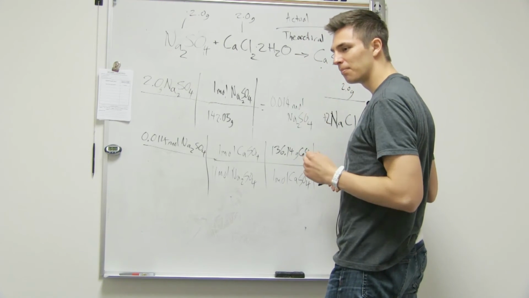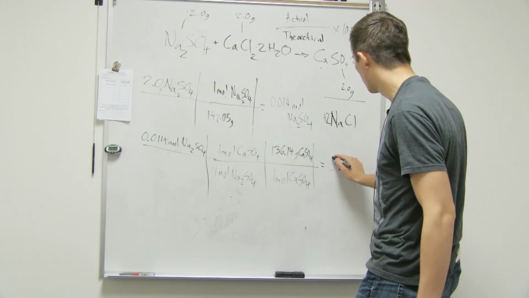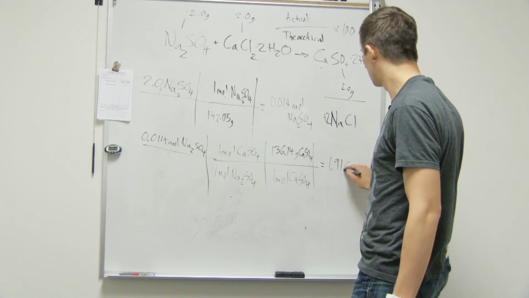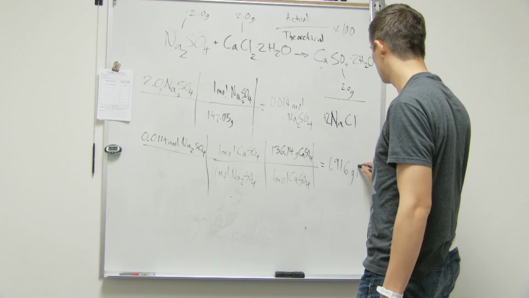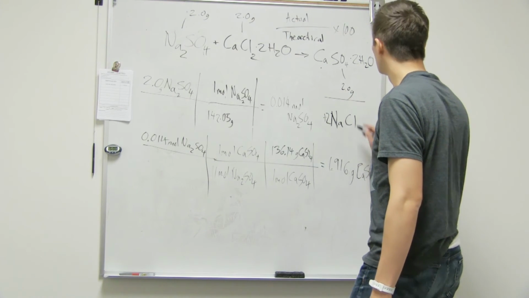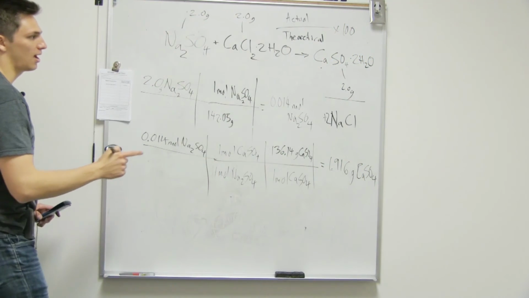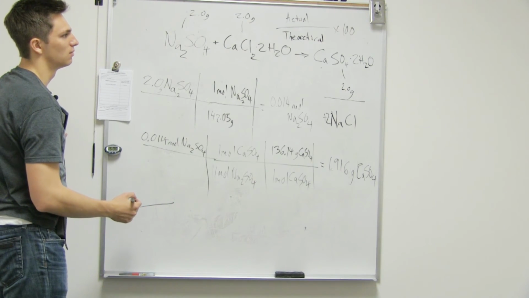It's 1.916 grams CaSO4. Then we use this equation. Theoretically, that's weird.